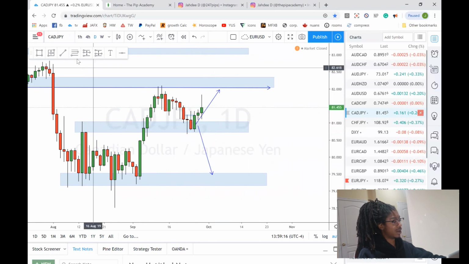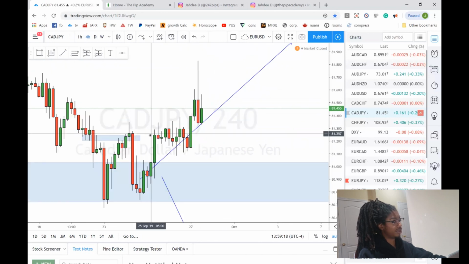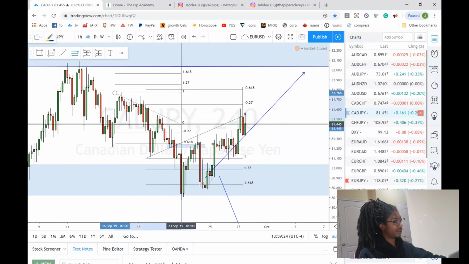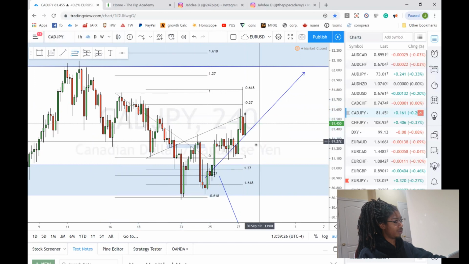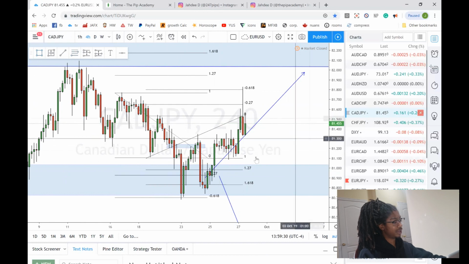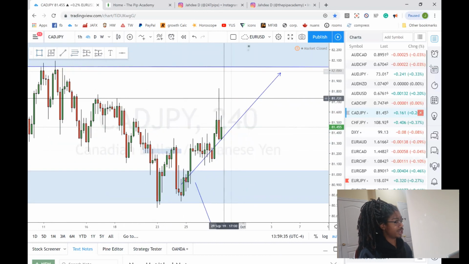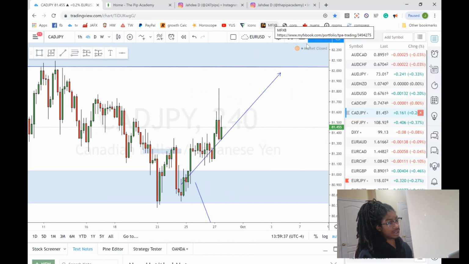We can see that price decided to go up, and then if we're looking for our nice entries, we can see price came down into these areas perfectly, and is currently on its way back up to the resistance.